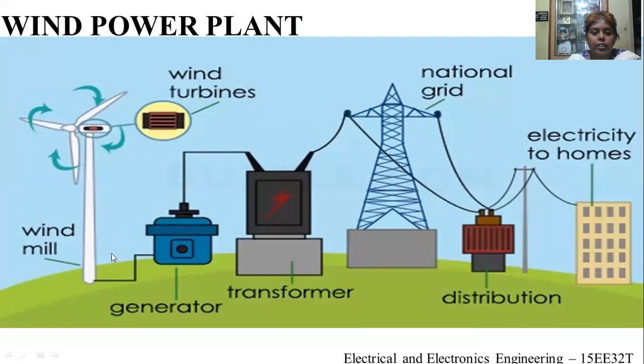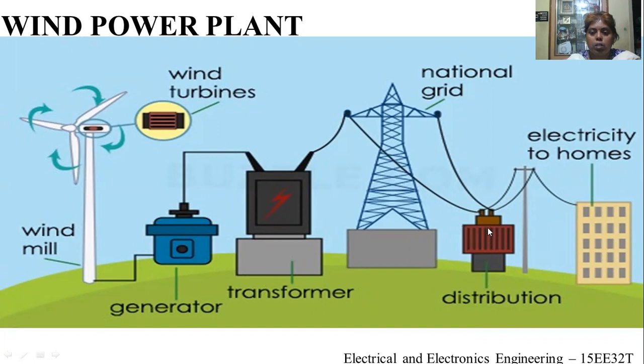This mechanical energy is transferred to the generator, wherein it generates the electrical energy. That electrical energy is sent to the transformer, wherein it steps up the voltage, and this voltage is sent to the transmission lines. From this transmission line, again it is sent to the distribution transformer.